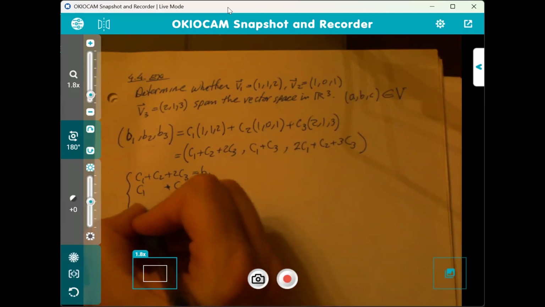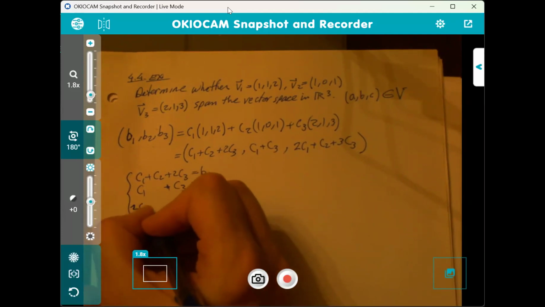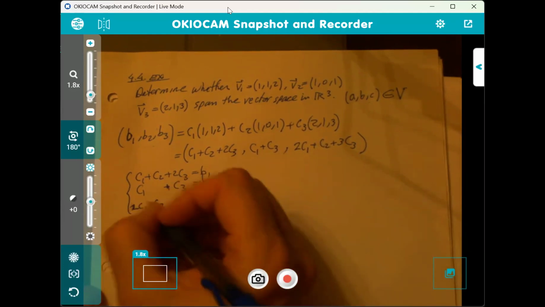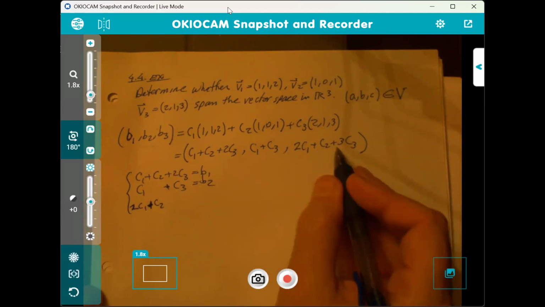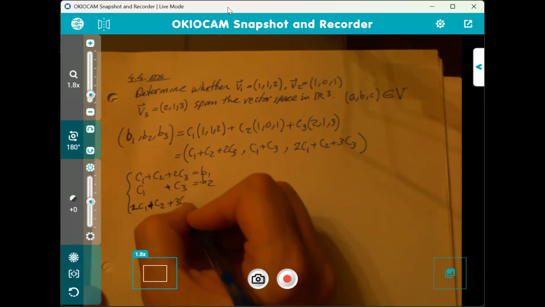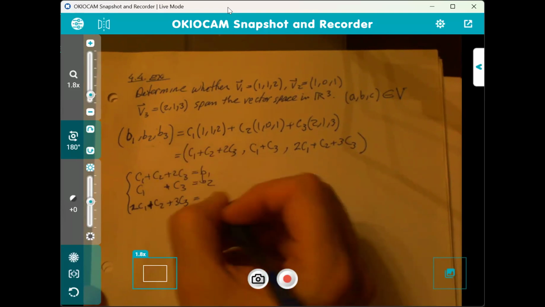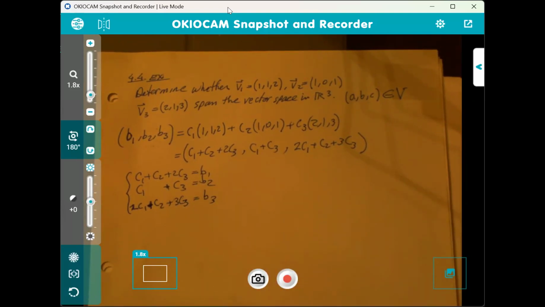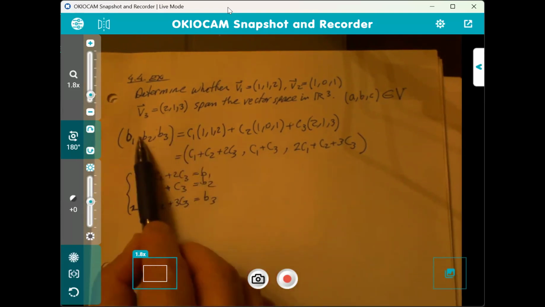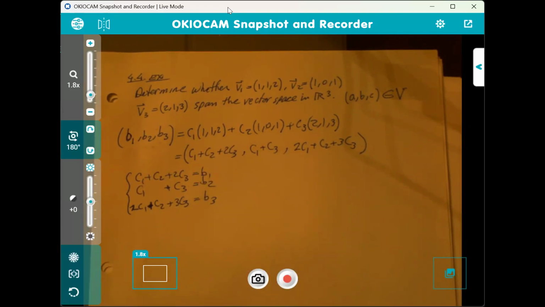And the last one is 2C1 plus C2 plus 3C3 equals B sub 3. Please check, I think that looks right. So first component, second, third. Okay. Now, here's a system.